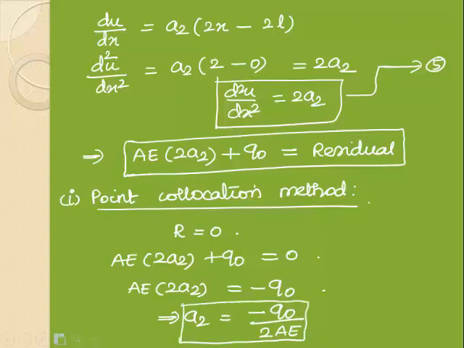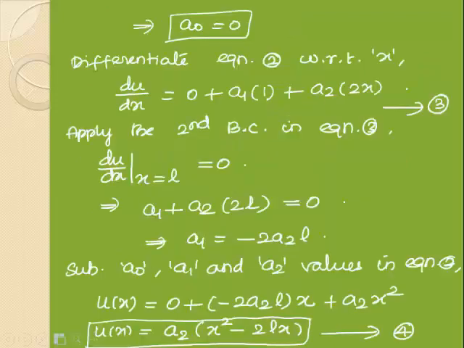So we have the trial function in equation 4 as a2 into x square minus 2lx. By following the first method of weighted residual approach, that is point collocation method, we have found the value for a2. Now we can substitute that a2 value in this equation.